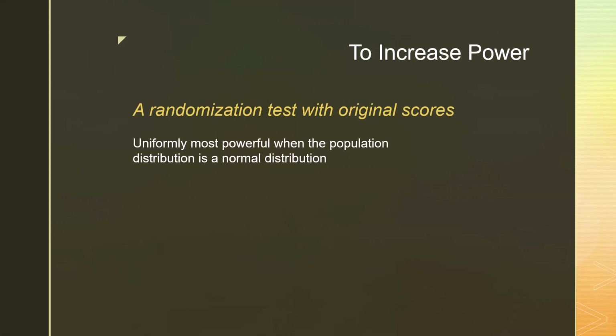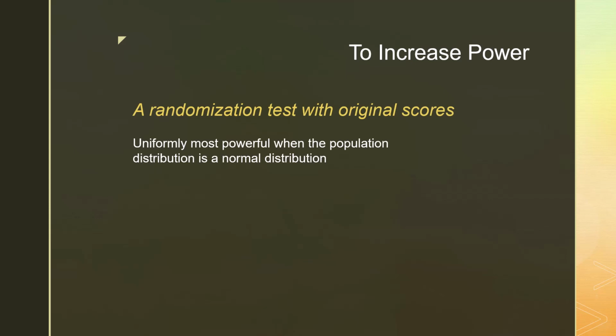Both of those are UMP, that is uniformly most powerful, if we know that we have a normal distribution. So we would choose original scores as our quote-unquote replacement scores, meaning we're not going to replace it with anything, or we're going to replace every score with itself if we know we have a normal distribution.